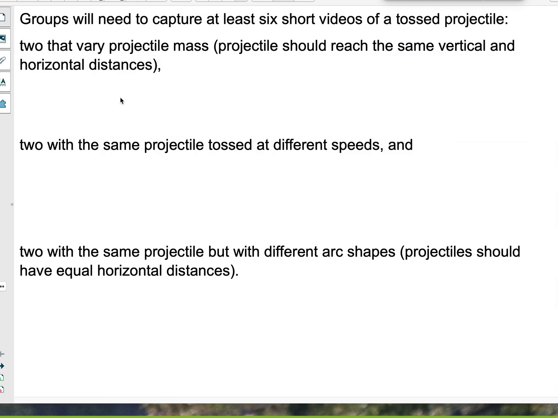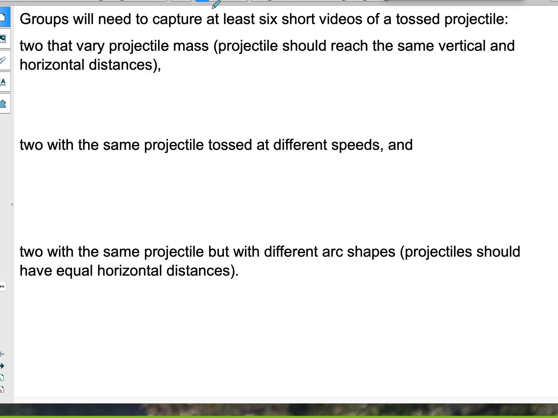Then as far as what you'll be doing today, you and your partner, I want you to get 6 videos. Now, by definition, these will be short because you're going to have projectiles that you'll be tossing. I want you to get 6 of these, and these are what I want them to have in them.